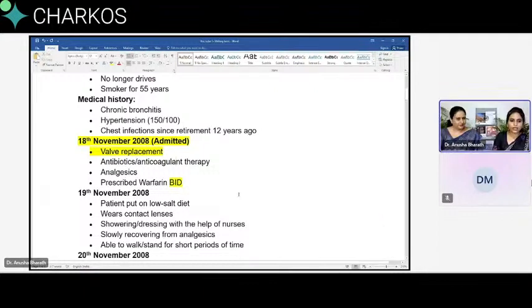After having undergone the valve replacement surgery, we have to understand how the patient is doing. There will be two scenarios. For example, the patient may be doing well, or may be recovering from the procedure, or the patient still requires a lot of support from the nurse. These are two scenarios that you have to keep in mind.